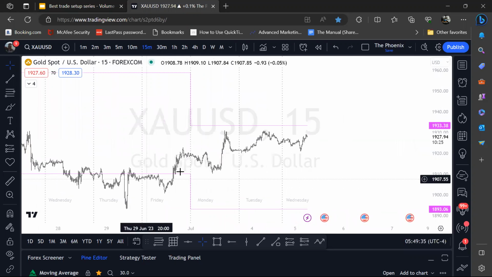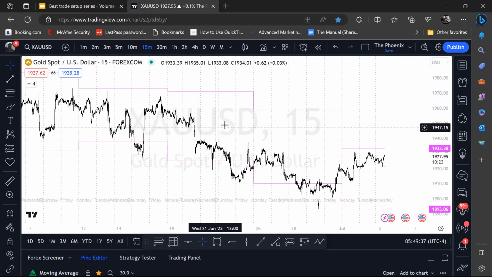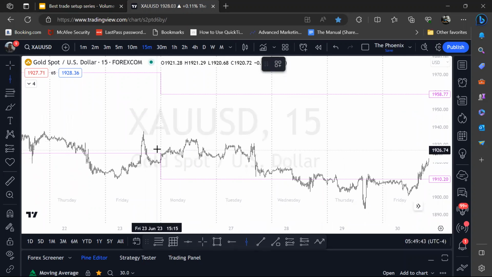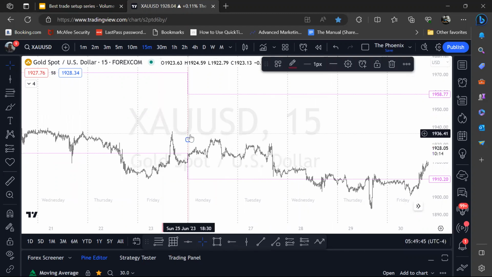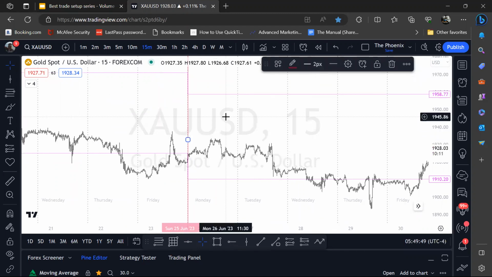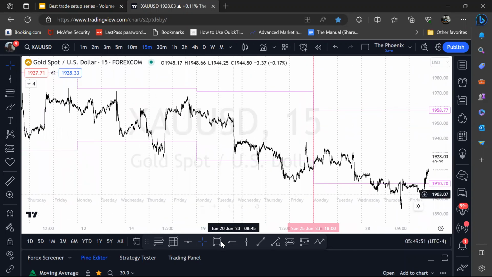All right, so let's go back a bit. I'm going to just use some vertical lines to indicate when the new week begins. Let me make these a little bit brighter, and let's do that.